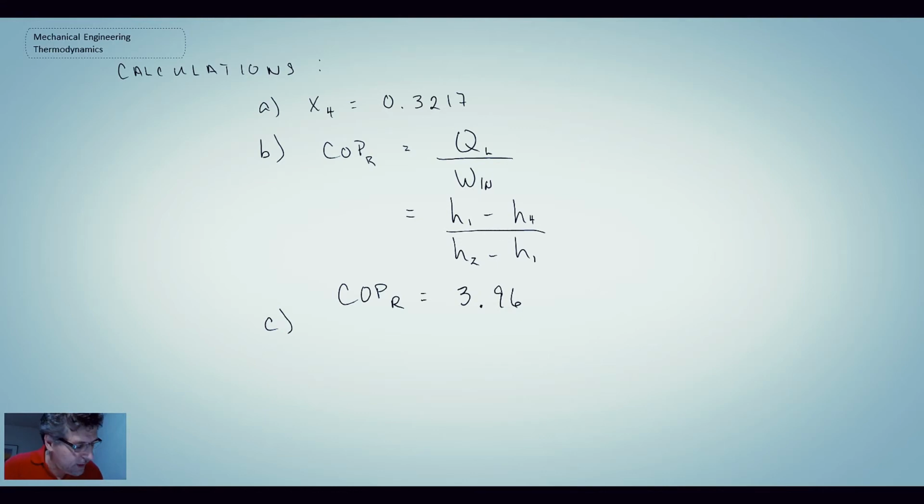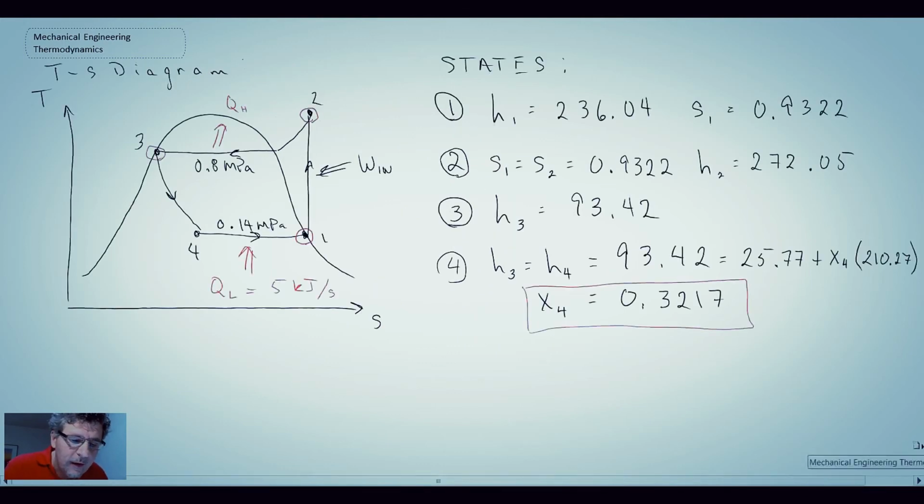The last thing they told us to look for is the work in to the compressor. And that would be the expression for the work in. In order to get that, we need to know the mass flow rate. The way that we determine the mass flow rate is knowing the information about the load, or the amount of thermal energy that we're absorbing in our cold part of the cycle.